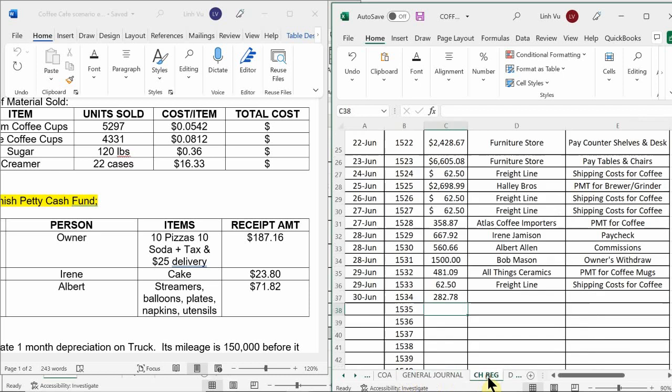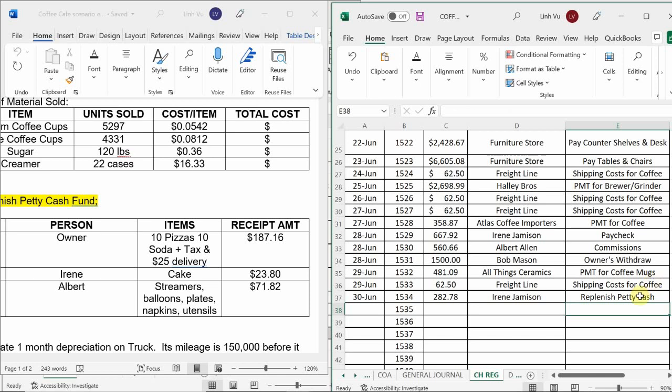Okay. $282.78. So this is going to go to Irene Jameson because she is in charge of the petty cash drawer. Replenish petty cash.